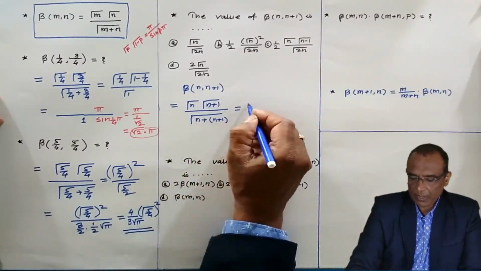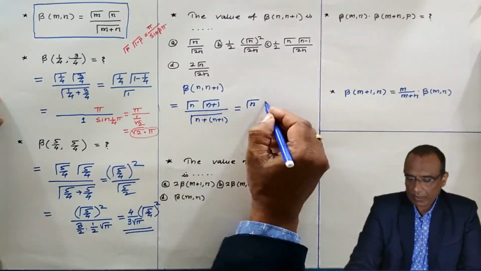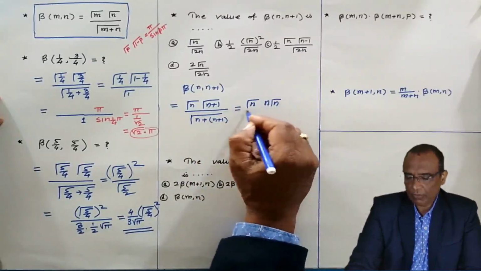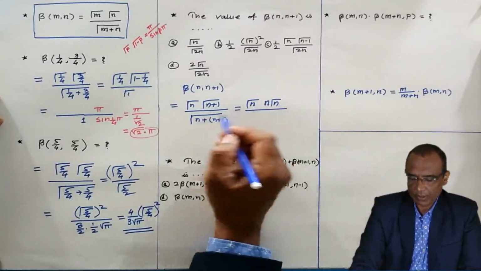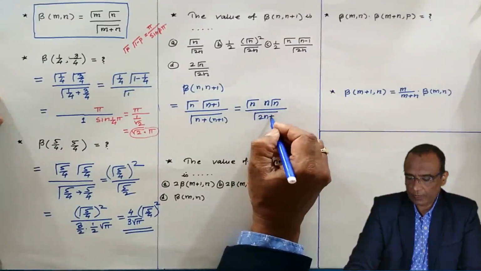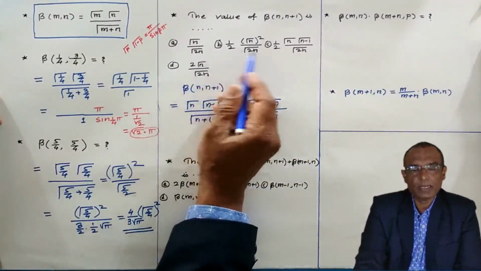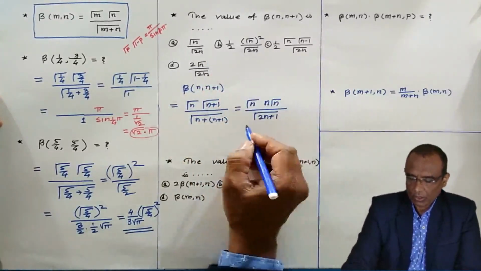Next step, here I am writing gamma n, gamma n plus 1, which is n gamma n. We have the formula gamma n plus 1 is n gamma n. And here gamma n plus n plus 1 is gamma 2n plus 1. Keep watch on whether you are getting the correct option or not.